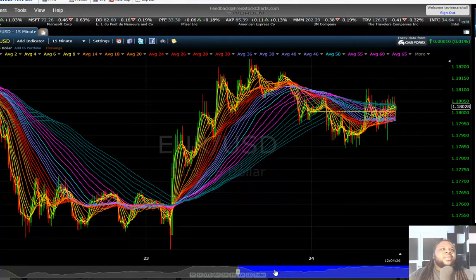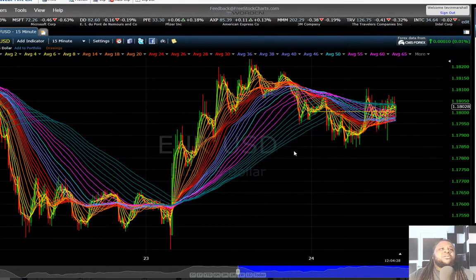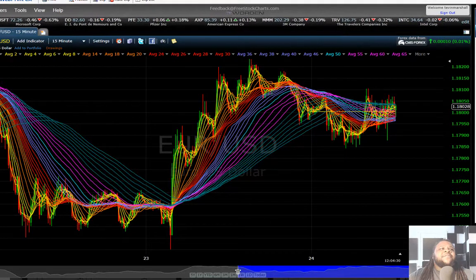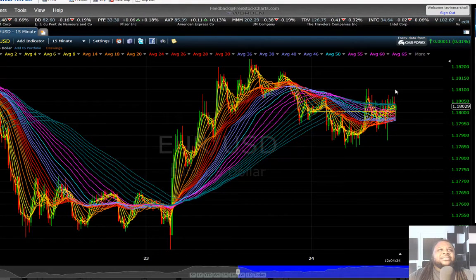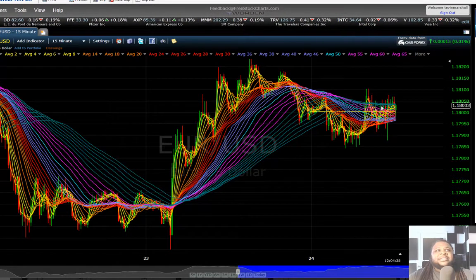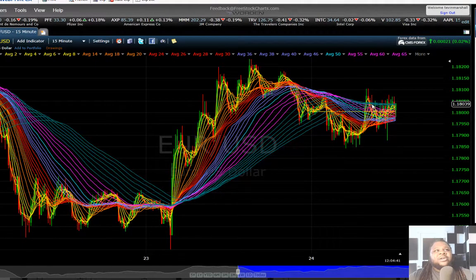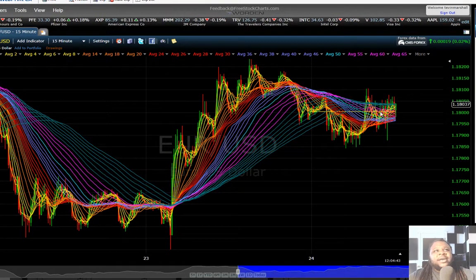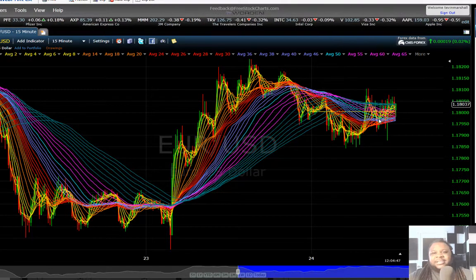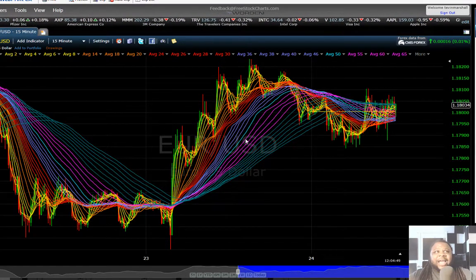Now, another thing to note is if you see that prices look something like this, very noisy, you can't really trade that. If you look at it, it doesn't look smooth. It doesn't look clean. You can't see the individual moving averages.